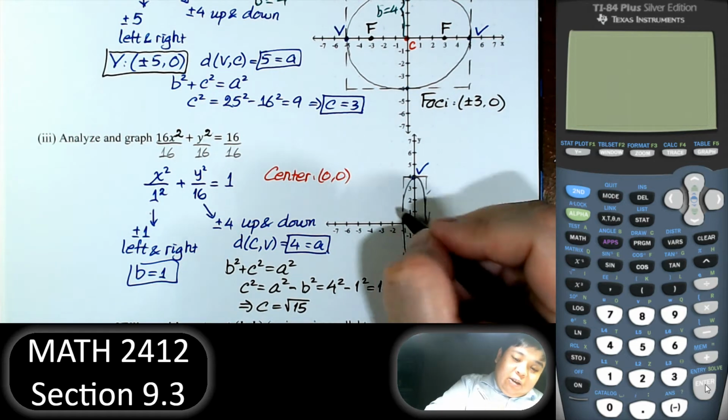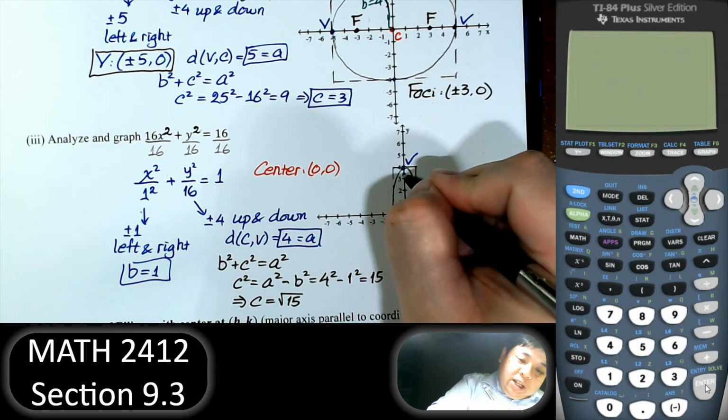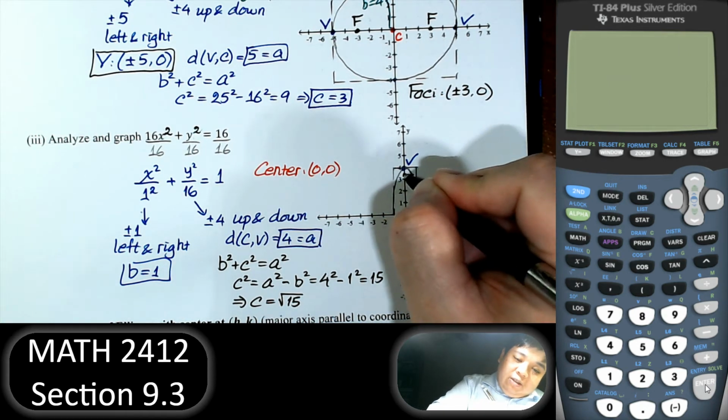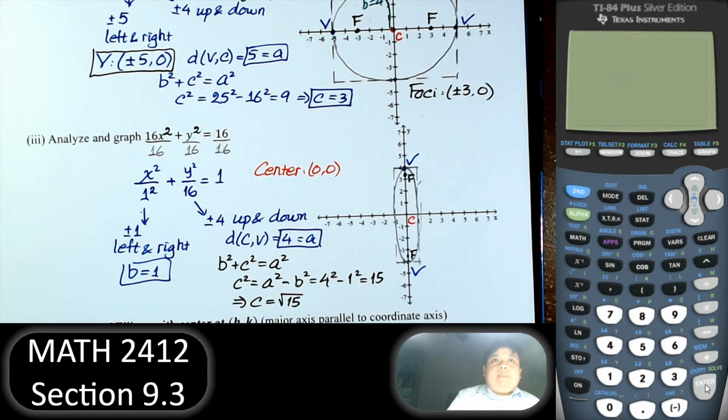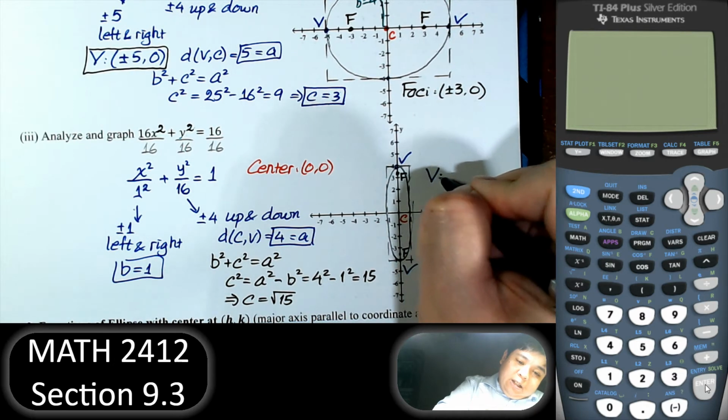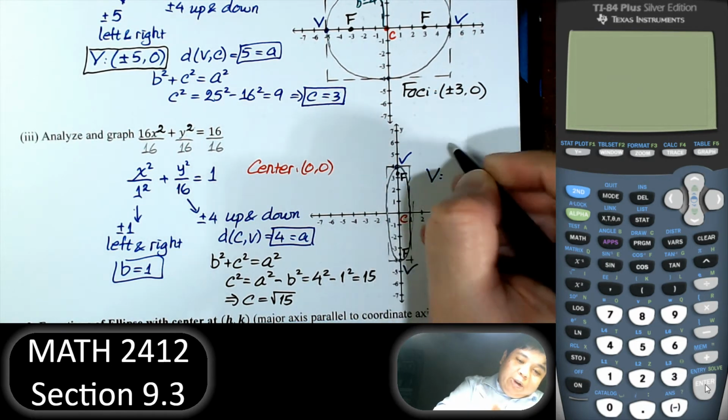Meaning that from the center we go square root of 15 up and square root of 15 down. We have 2 foci. That's the ellipse, right? So here we can get the coordinates of the vertices: 4 up, 4 down from the origin.